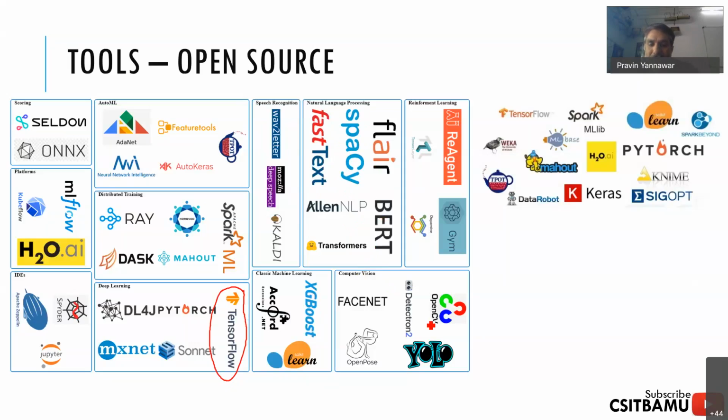And likewise for video processing and computer vision, you have OpenNet, FastNet, OpenPose, Detectron 2, YOLO, OpenCV, PoseNet. These are the libraries that are available. And Keras is also available for deep learning. And almost all those technologies are available in Python. So you can go with Python for this.